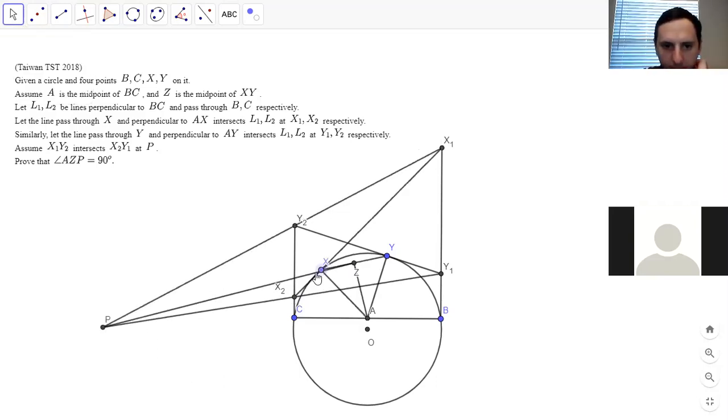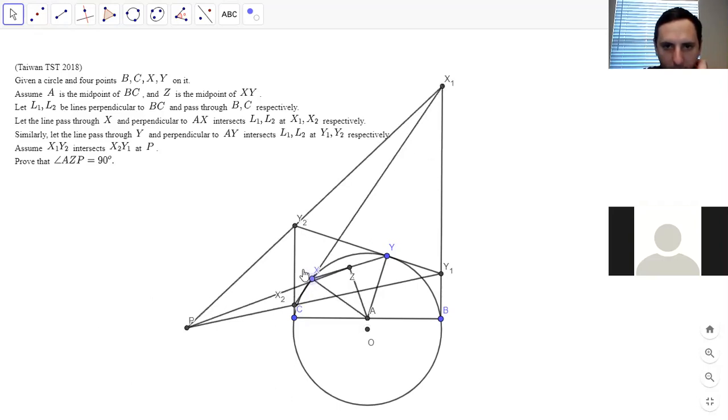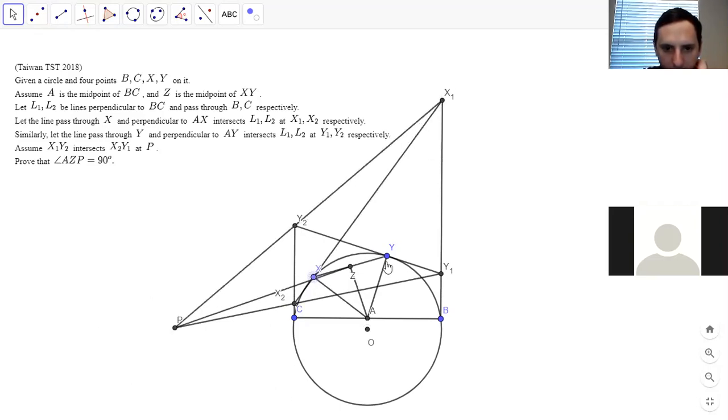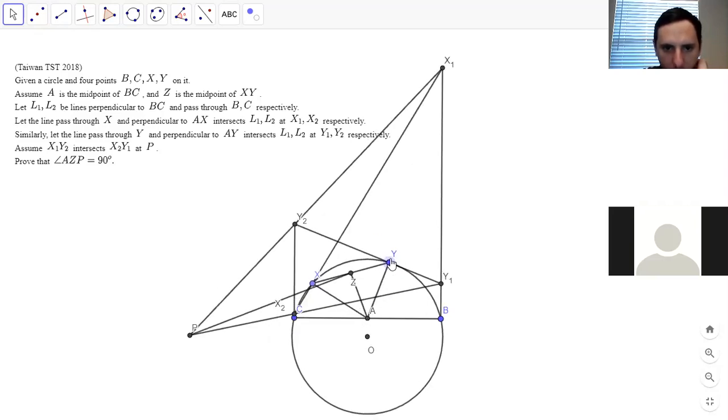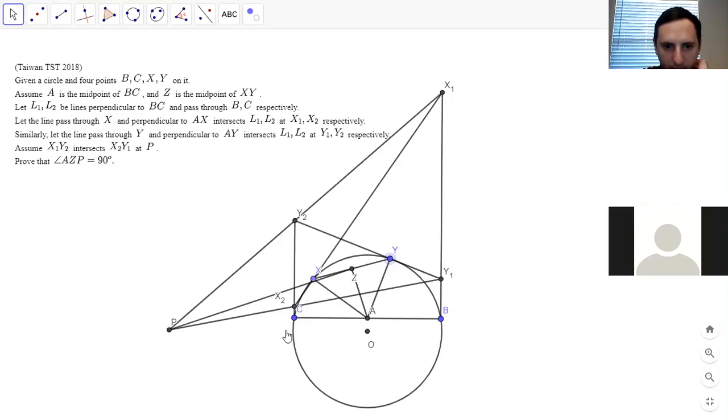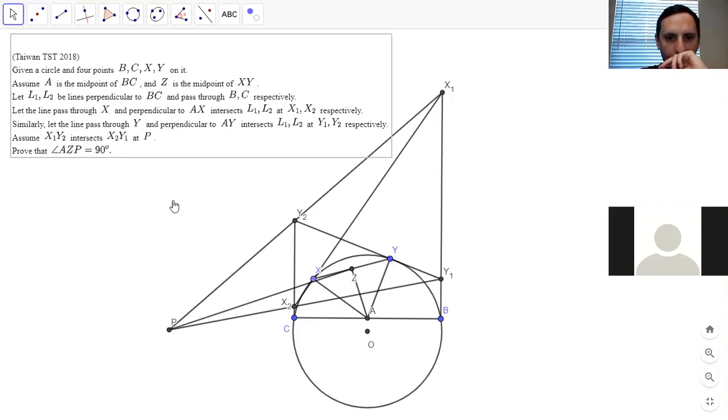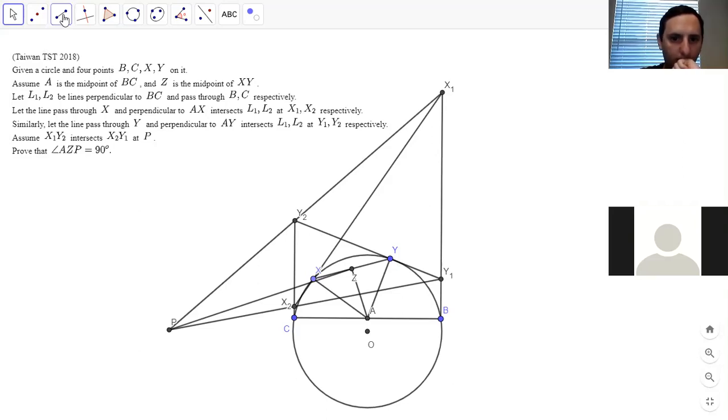It almost looks like P, X, and Y are collinear though. So I don't want it to look like that. But yeah, I think it's always going to be kind of close like that. So yeah, maybe it's worth labeling this point.